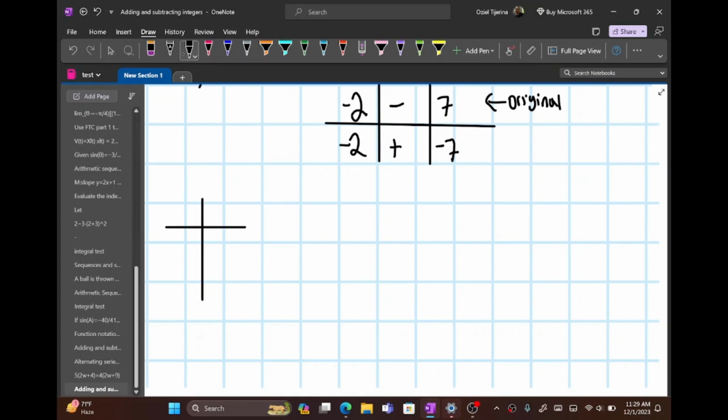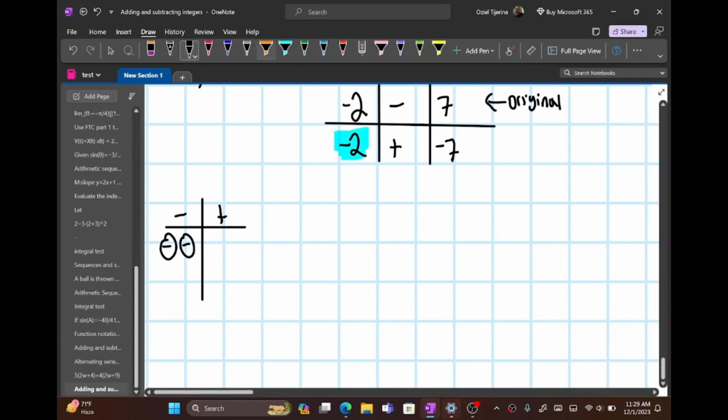Here we have negative and positive. We have 2 negatives, so 1, 2. That's the first part there. And then we also have 7 other negatives. So 1, 2, 3, 4, 5, 6, 7.